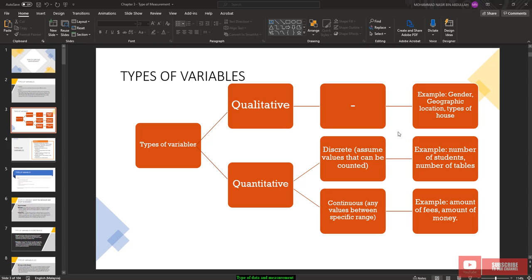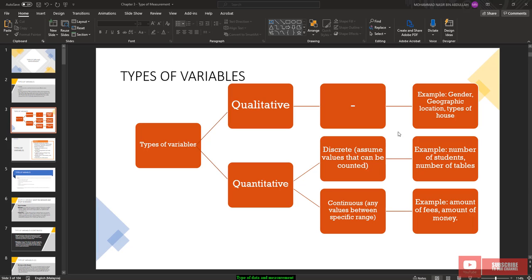So for a quantitative variable, we have two types of quantitative variable, right? Normally, we know that quantitative variable is a numerical variable. So in quantitative variable, we have two types: one is a discrete quantitative variable, another one is a continuous quantitative variable.